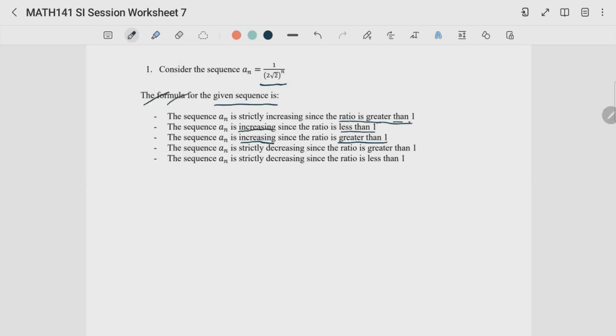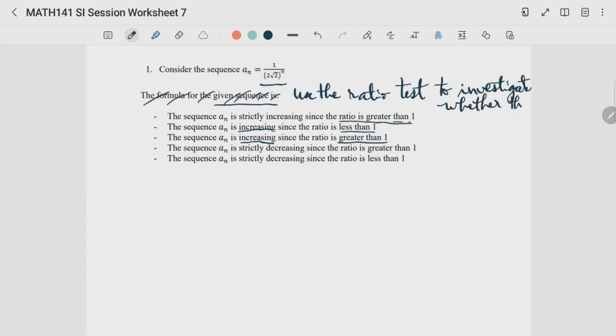This question should really be: use the ratio test to investigate whether the sequence is increasing or decreasing, right?